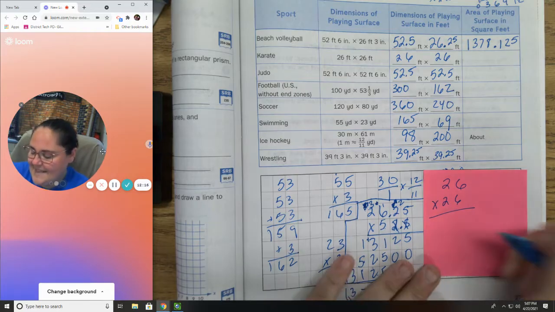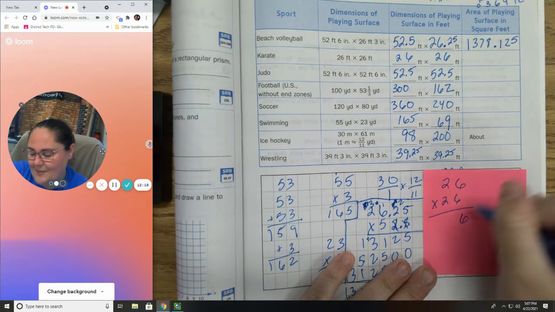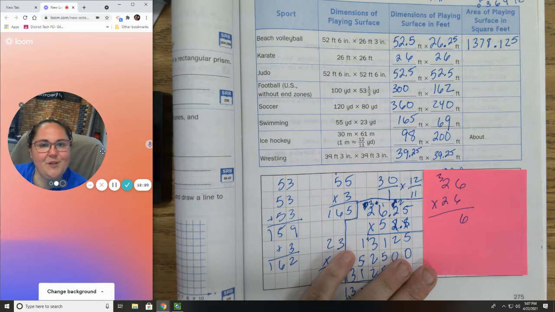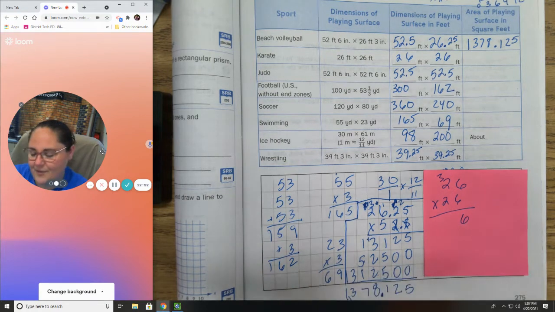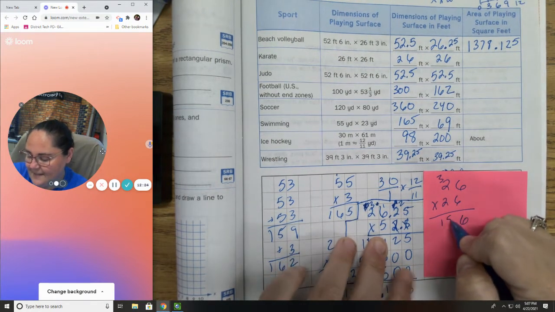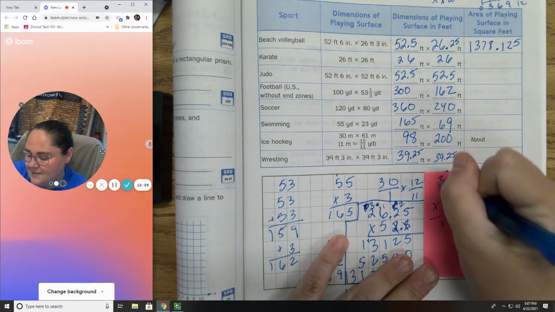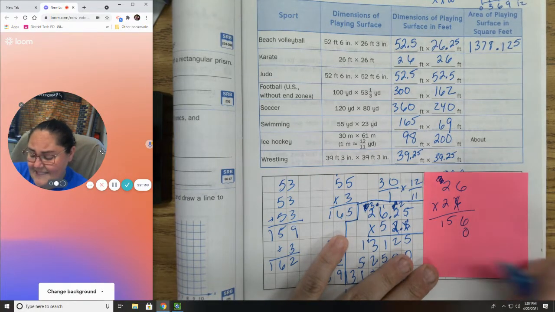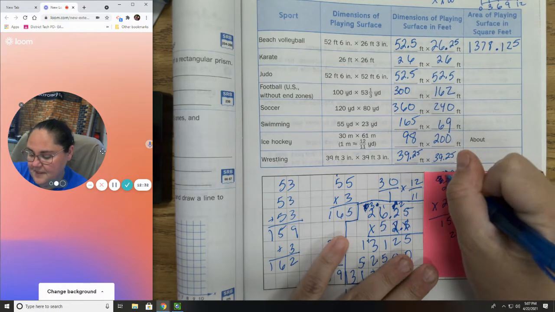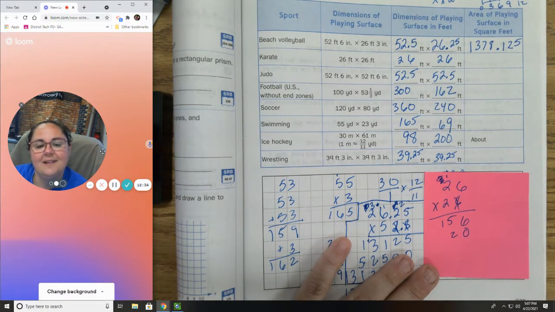Here we go. 6 times 6 is 36. Carry my 3. 6 times 2 is 12 plus 3, 13, 14, 15. Right? My X's and O's. 6 times 2 is 12. Carry my 1. 2 times 2 is 4, plus 1 is 5.